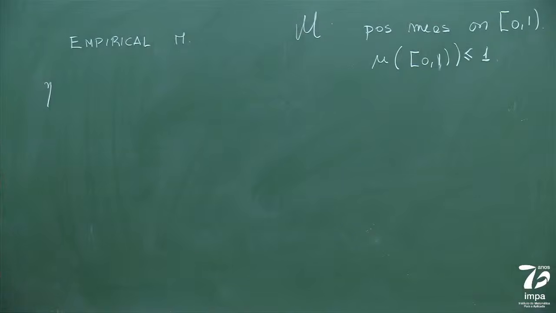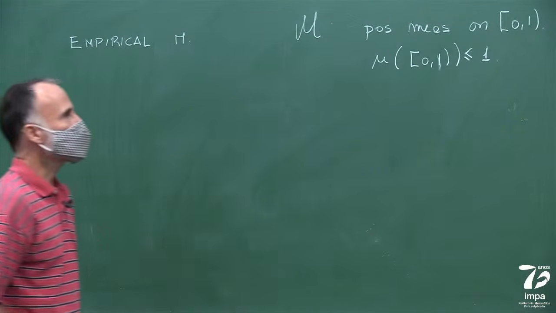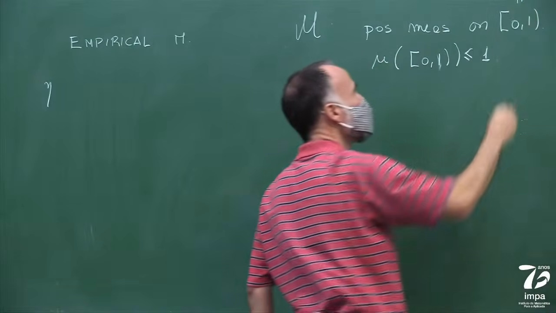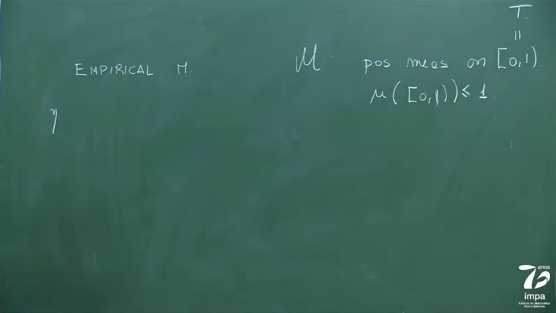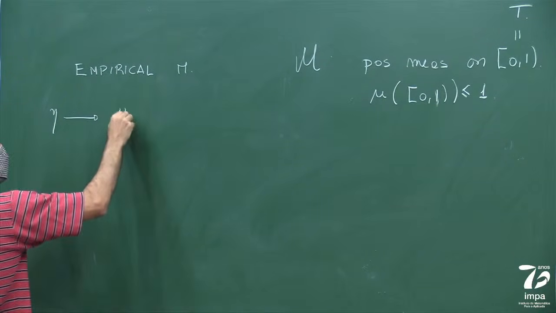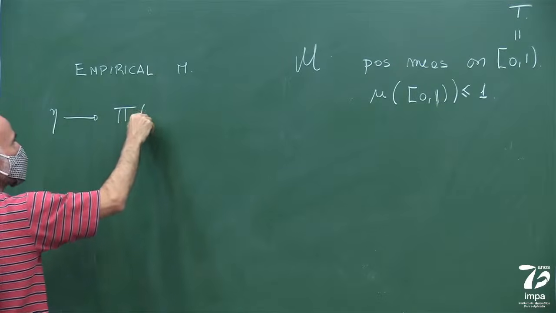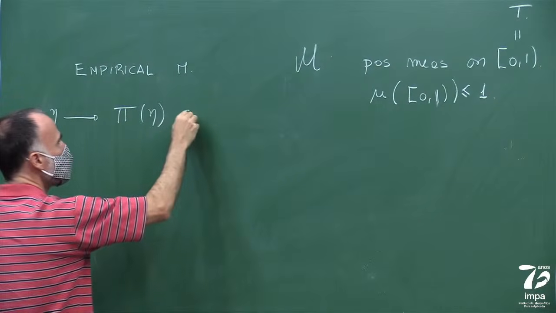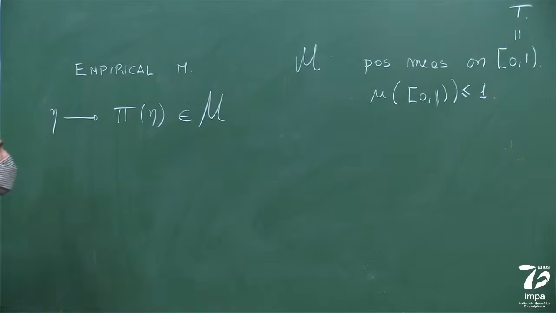So the total mass is bounded by 1. So instead of writing this interval, let me write it as the one-dimensional torus T. And to eta, I want to associate an element of this space, so a measure, which I will represent by pi of eta. And how do I construct this measure?